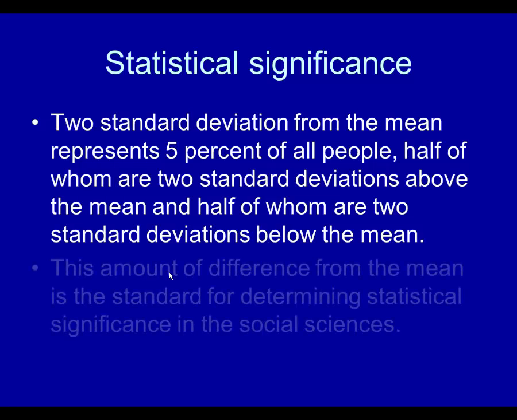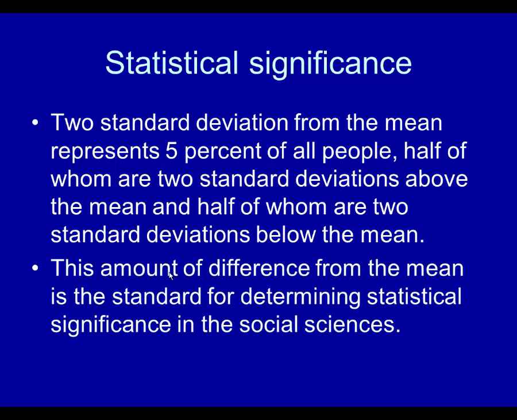The reason that's important is the amount of difference between the mean is the standard deviation for determining statistical significance in the social sciences. So when you are 2 standard deviations from the mean, you're in a category that has less than 5% of people, and that's where we get sometimes a p-value of 0.05.